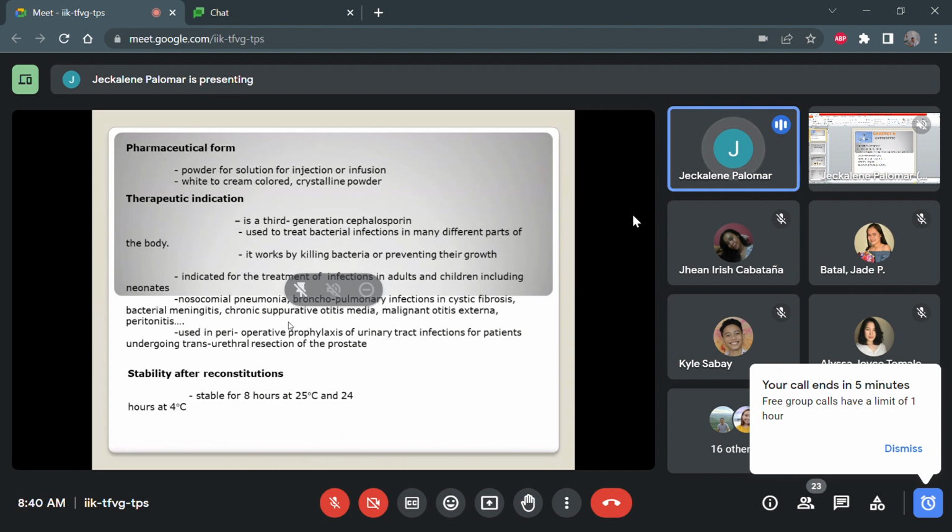Used in perioperative prophylaxis of urinary tract infections for patients undergoing transurethral resection of the prostate. So the stability for ceftazidime: stable for 2 hours, 8 hours at 25 degrees and 24 hours at 4 degrees.